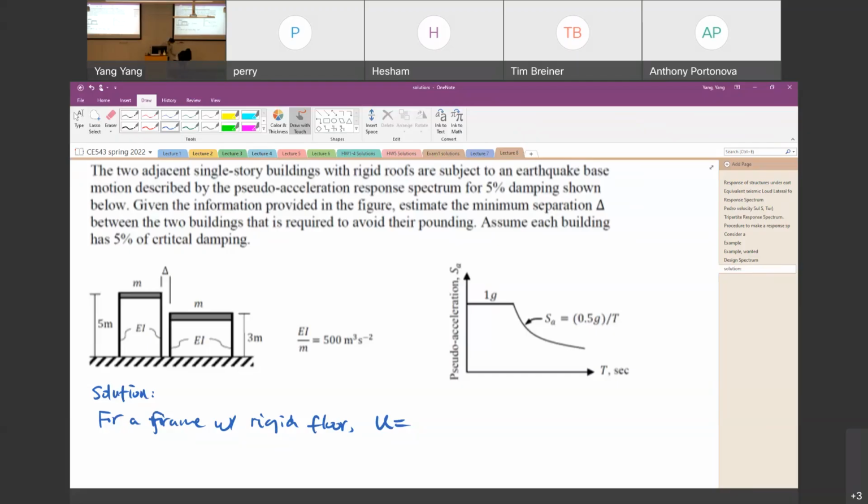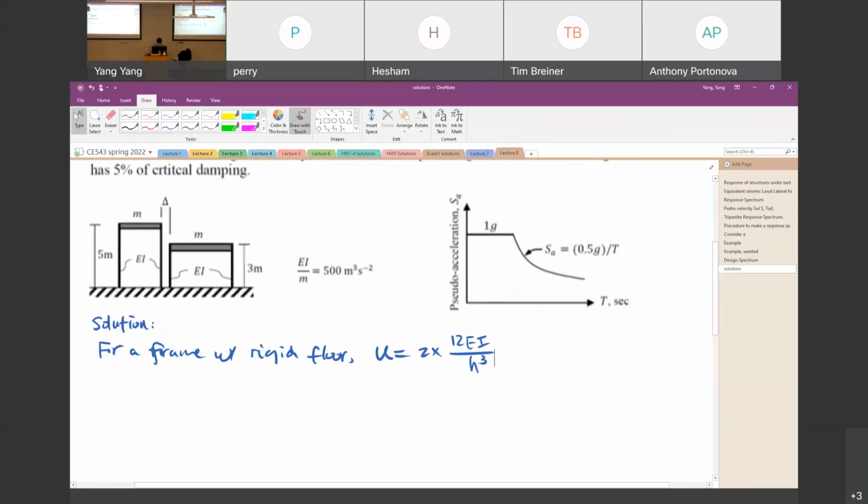So the k value is equal to 2 times 12 times EI over H cubed. That's the k value. So that means we should be able to calculate the natural frequency for each of these buildings.